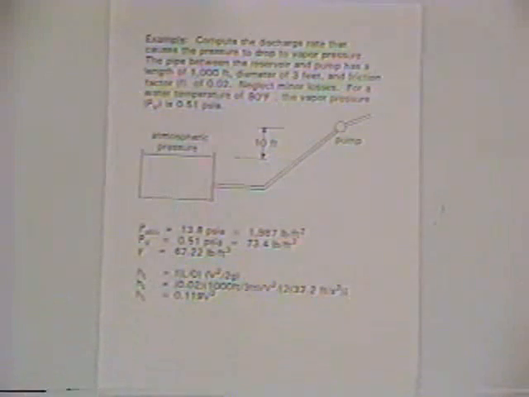Now physically, this is another classic fluid mechanics problem. Another thing this illustrates is negative pressure, and that's why we have to go to absolute pressure, because we're going to actually have a negative gauge pressure.